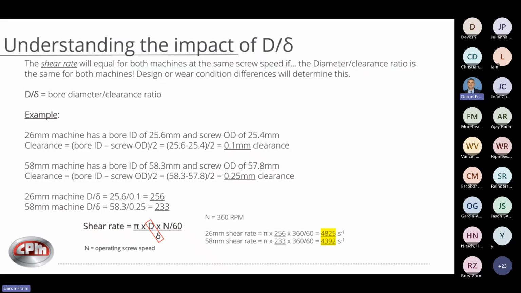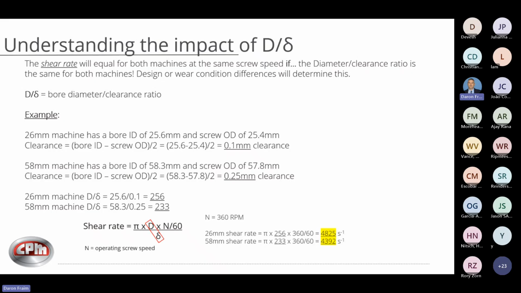And so for this first example, all this is your bore diameter divided by your clearance. And that's where it lands in the shear rate calculation. You can see here, I've highlighted it down below in red. It's your pi times d times your screw speed n divided by 60, and then clearance. In this example, when I take a look at this 26 millimeter machine and do the math, you can see here how to calculate clearance.